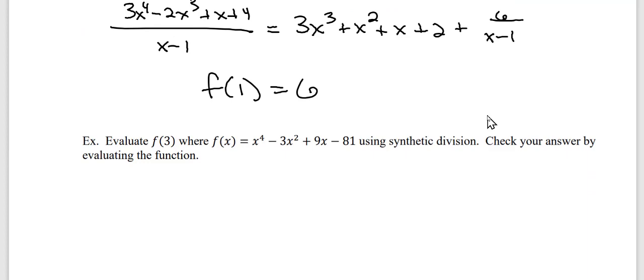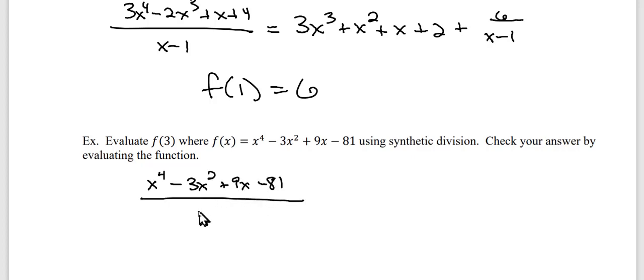So let's do this one more time just to see exactly what we get here. This says evaluate f of 3, where f of x equals x to the fourth minus 3x squared plus 9x minus 81. That means I want to divide that polynomial f of x by x minus 3.